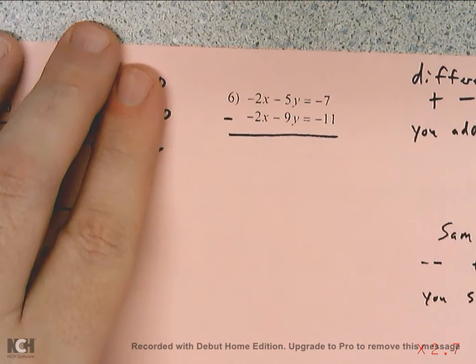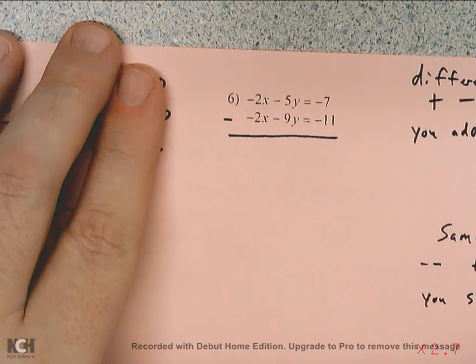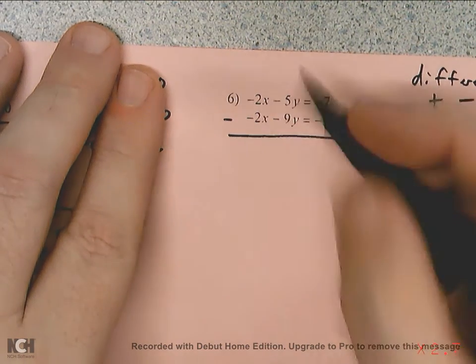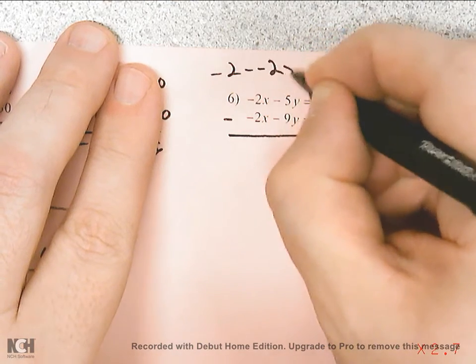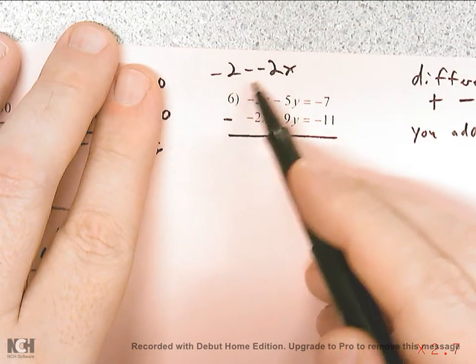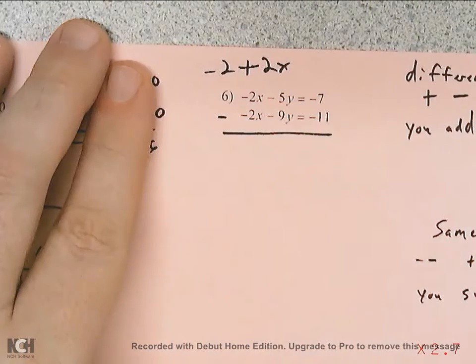Now this is one that you really should be double checking everything on your calculator when you are subtracting, because this is where the most mistakes are made. When you do -2x and you minus a -2x, you have the same sign right there, right? Those basically cancel out and turn it into a positive.